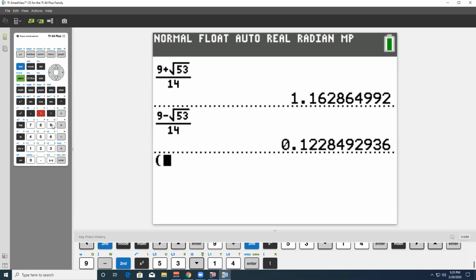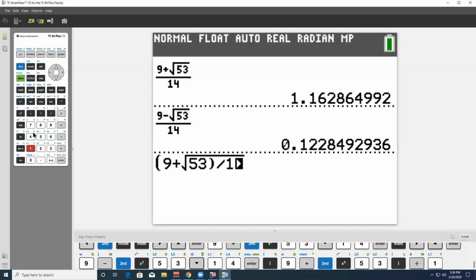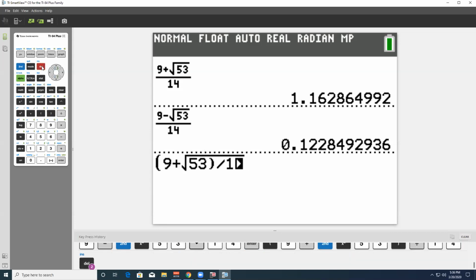Parentheses is what we start with. Who run the world? Parentheses, not Beyonce. Okay. 9 plus square root 53, close parentheses, divide 14. No. Make sure to move over, guys. Delete. Okay. Move over.